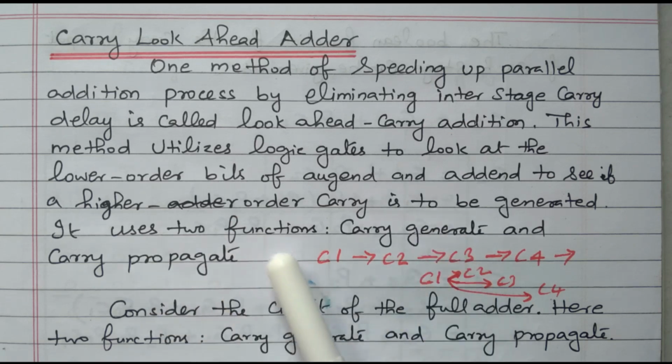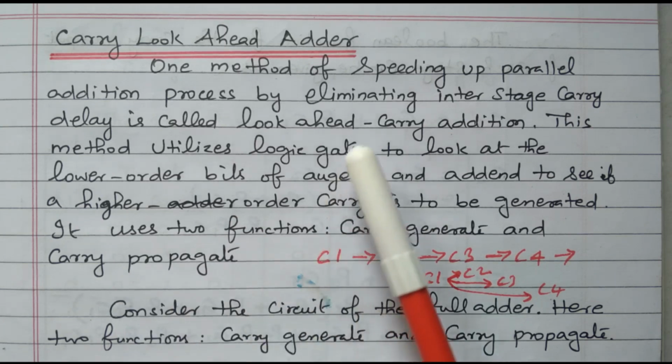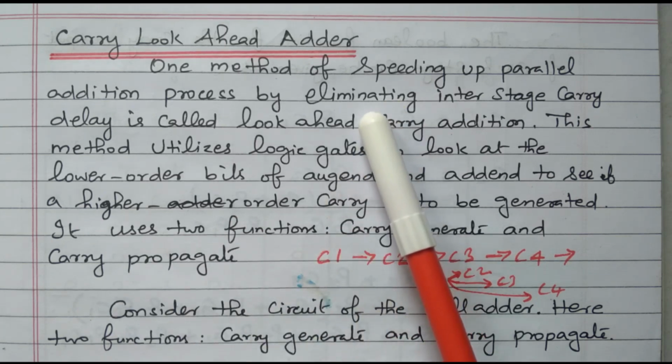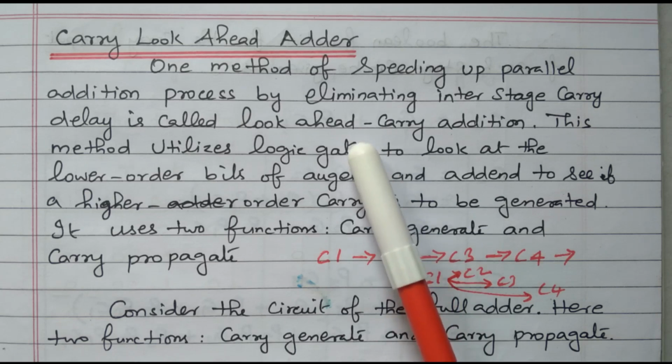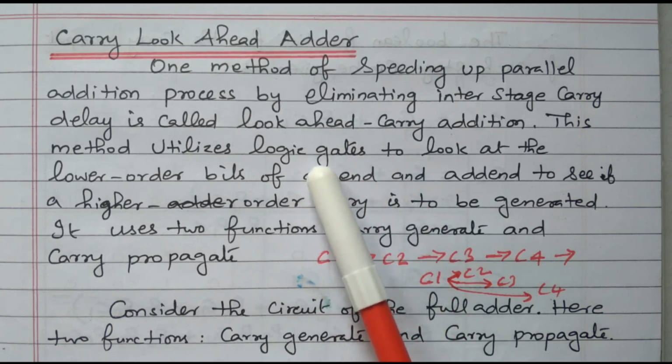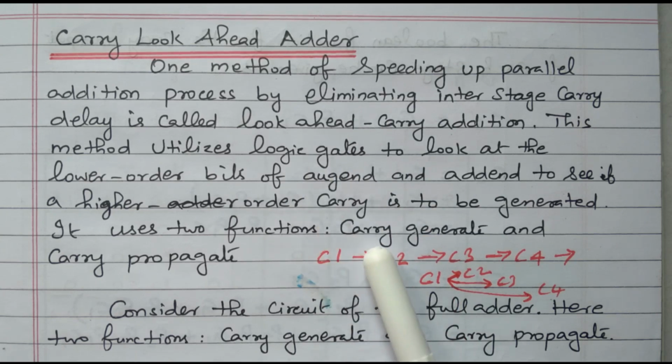So it uses two functions, carry generate and carry propagate. The main aim is to speed up the parallel process by using the carry look ahead adder. This is done by the logic gates having the two functions carry generate and carry propagate.